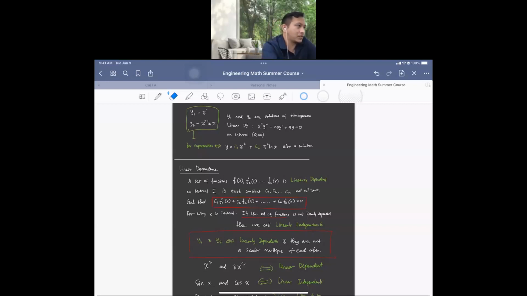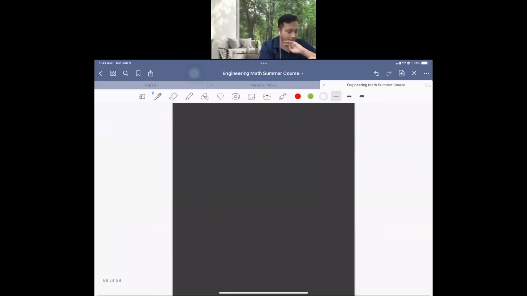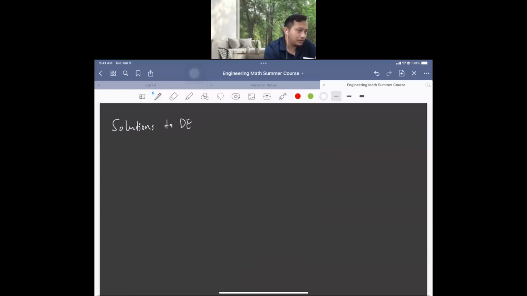Okay, let's continue. Now, of course, the important point in differential equations is how to find the solutions, right? How to symbolize the solutions if it's a curve?